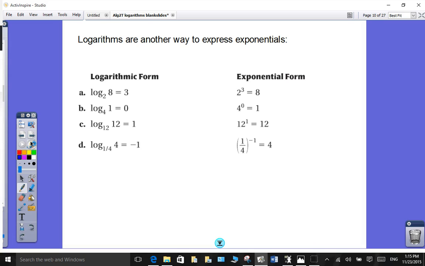So what the logarithm equals is the exponent from the exponential. Since 3 was in the exponent, that's what the logarithm equals. And then what's left goes inside the logarithm. So if you're reading this, log base 2 of 8, that's like saying, what power would I raise 2 to get 8? And the answer is 3. That's a logarithm.